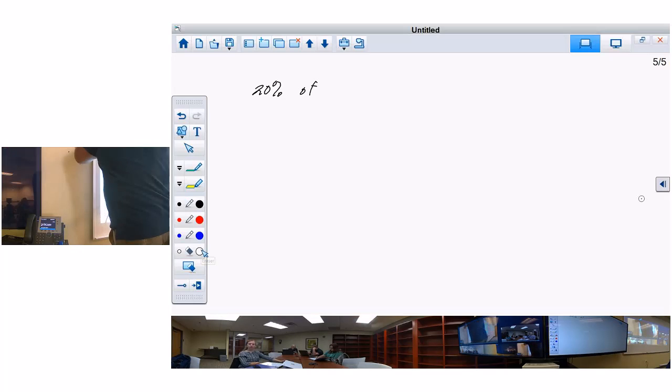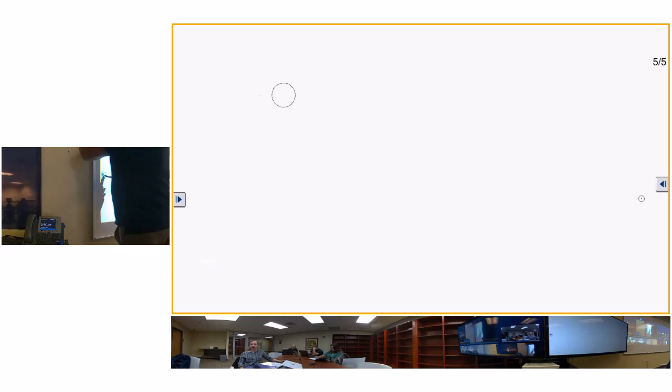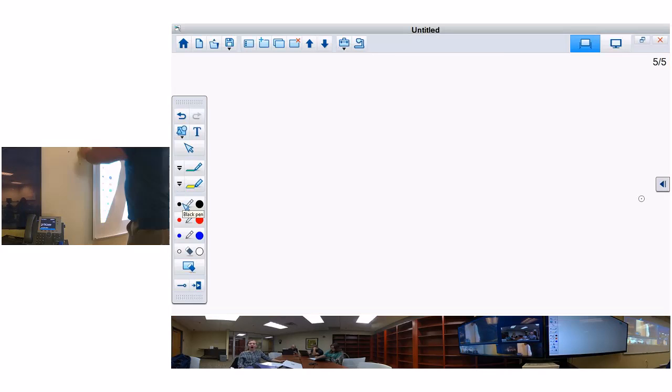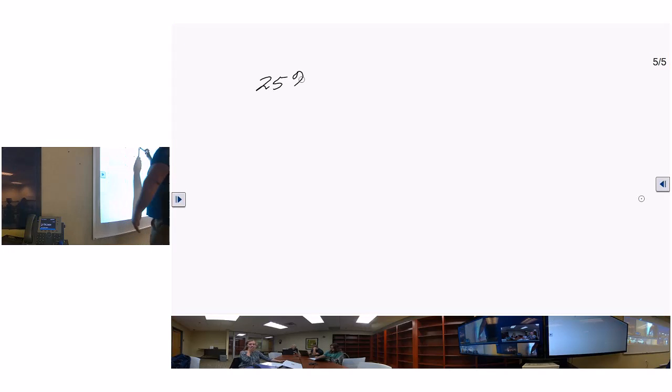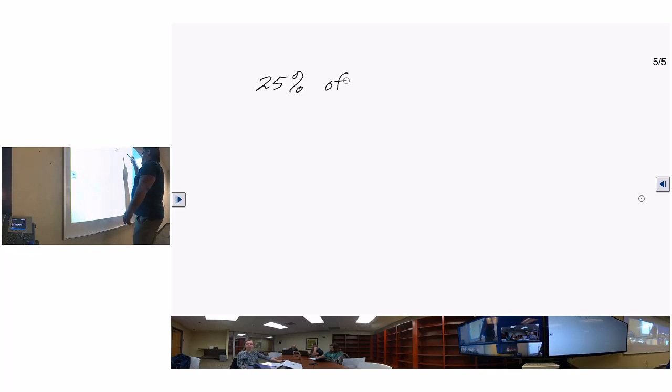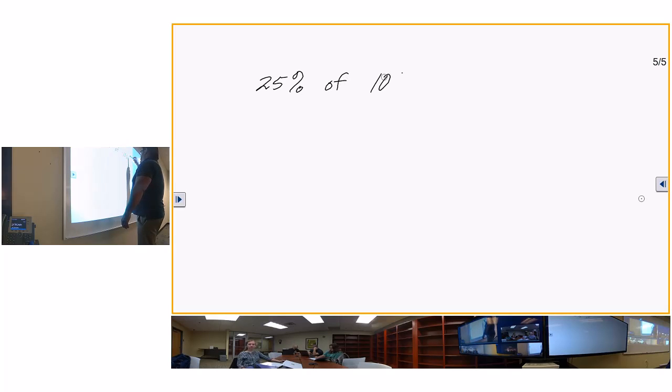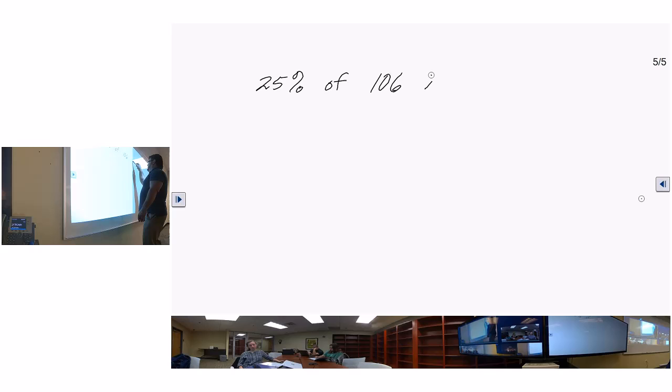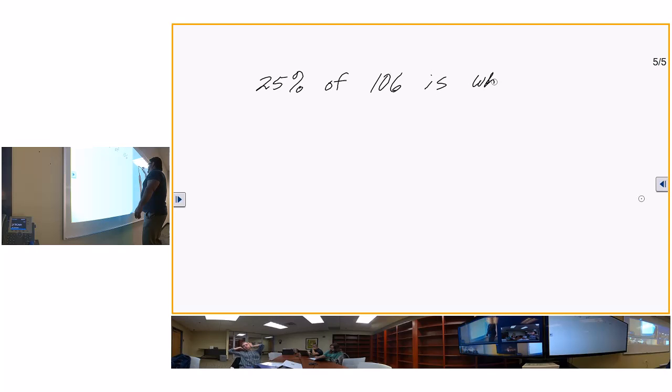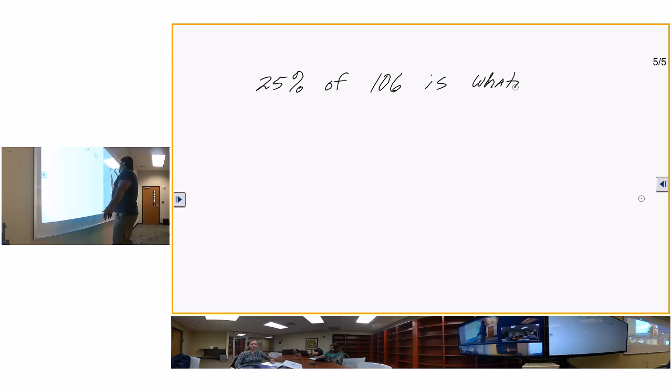20% of, let's go with 25, because if you can figure 20 in your head, if you're a high school graduate, you should be able to. So let's go with 25. 25% of $106 is what number? That's how you find out, if you get a bill for $106, then what?